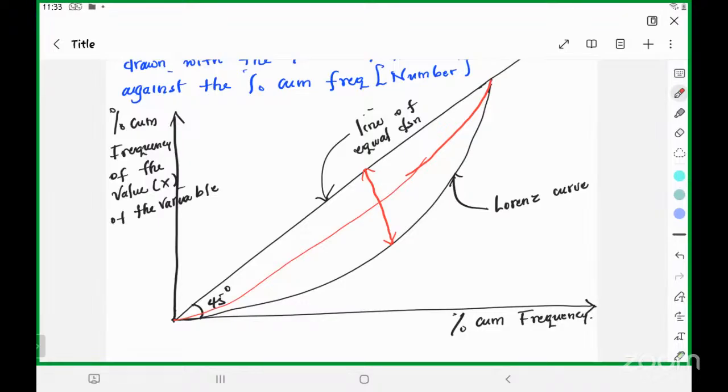Now, this same one can be used for production costs. You'd like to see if costs of production are equally or evenly distributed within the units you're producing. I'll give you an example. When you produce 2 units, your cost per unit may be higher than when you're producing 100.